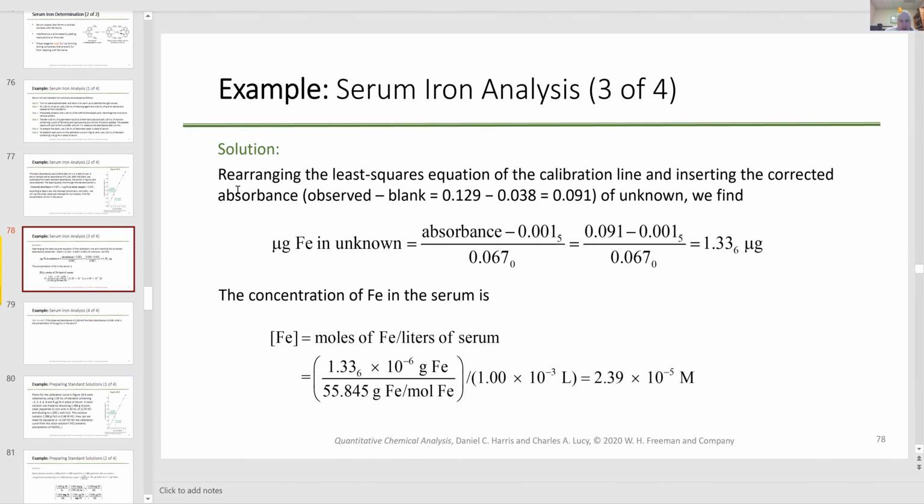Now, the amount of iron is A minus B over M, right?